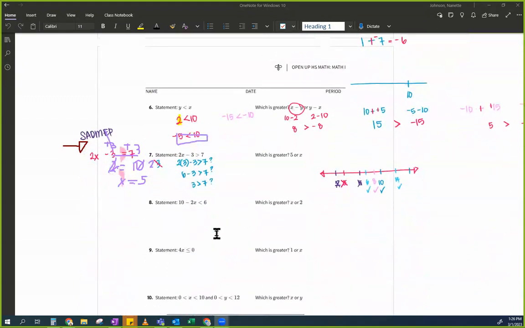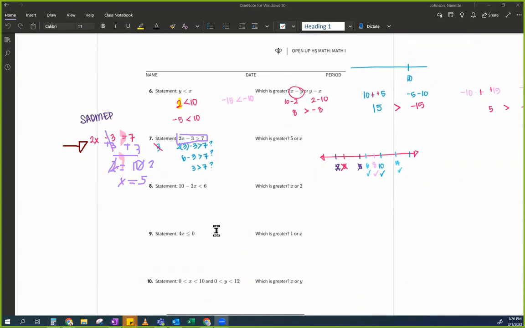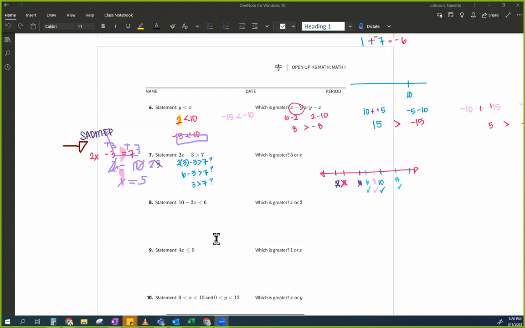Remind me again. When does my symbol change? You got to say it like we said it. When we multiply or divide by a negative number. Perfect. I know the answer. You all need to say this. In fact, if we were in class, by the end of today, we probably would have said it like 15 times.